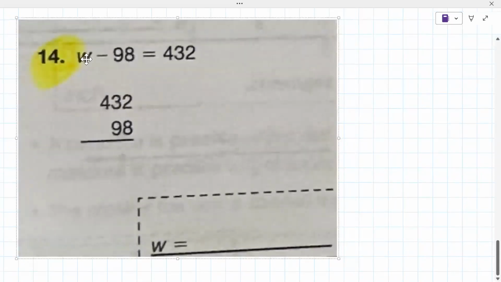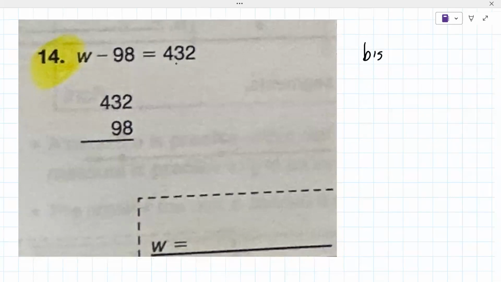Okay. Let's take a look at 14. I didn't really address this in the previous problem, but we now can talk about some operations here. This says W minus 98 equals 432. Is W bigger or smaller than 432? Like you're going to subtract something from it to get 432. So is the answer bigger or smaller than 432? Bigger. So bigger means you're going to add, smaller typically means you're going to subtract. You're going to add these numbers together. Now there are carries involved here.